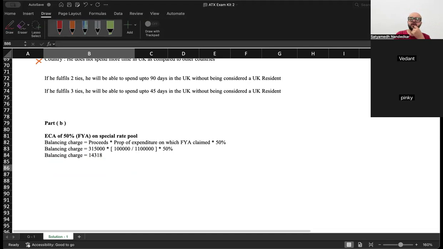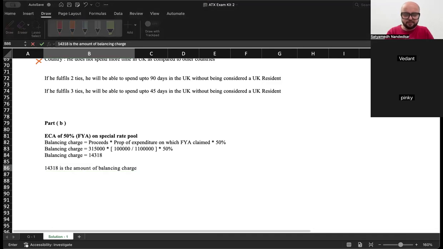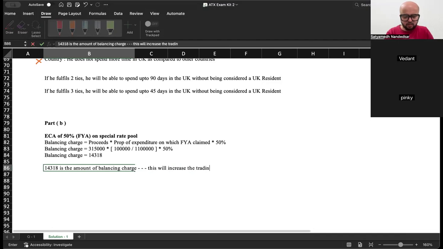It will increase your trading profit. The other half of the proceeds as well as the proceeds relating to AIA will be deducted from special rate pool. So 14,318 is the amount of balancing charge. What will this do? This will increase the trading profits.